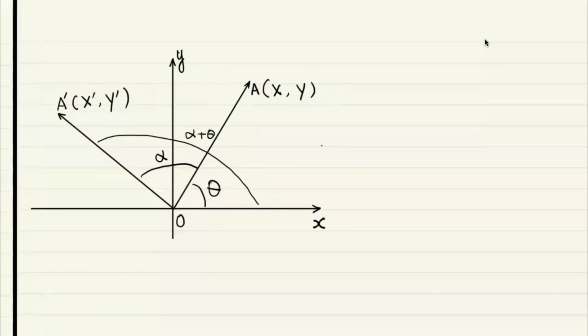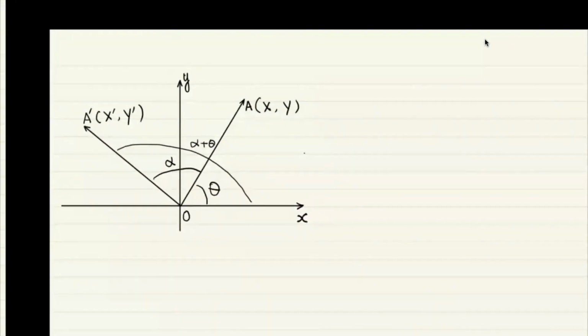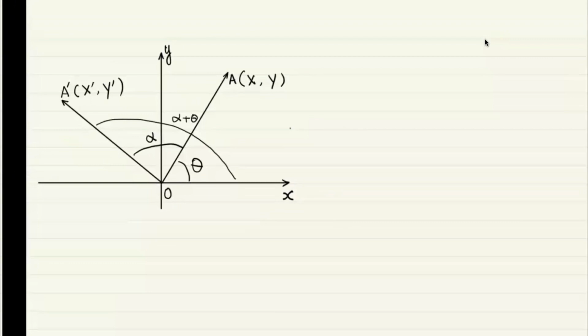Now, from the course of trigonometry, we learned that for angle theta, we can define its cosine and sine function using the coordinates of A and the length of OA as follows.